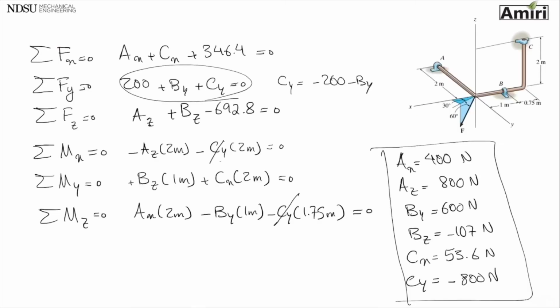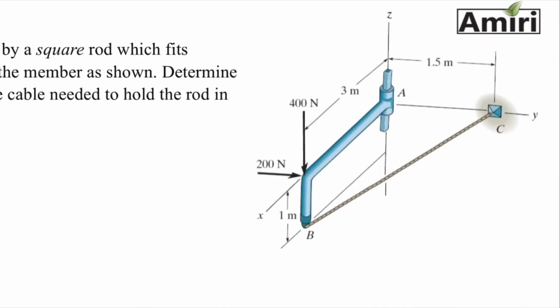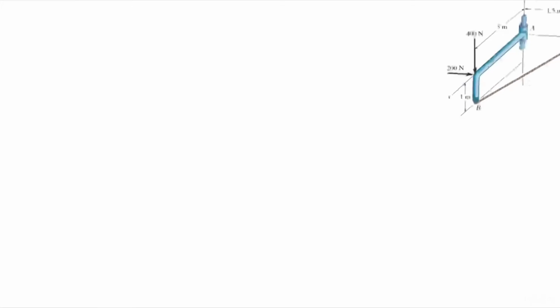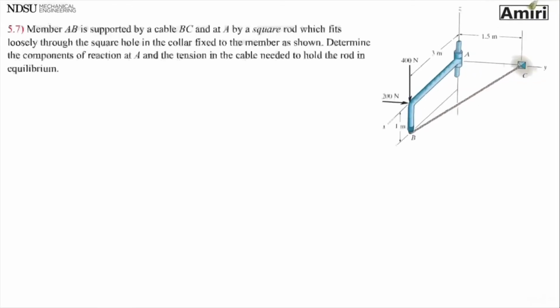And you know what, I'm going to do free body diagram next page. So let's just start with here. So free body diagram, I'm going to do free body diagram of AB. So let me see.